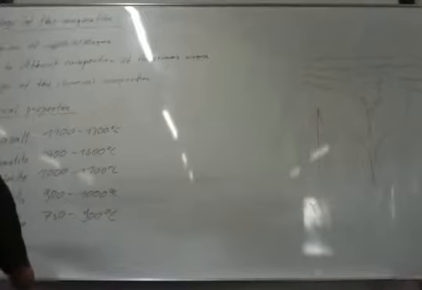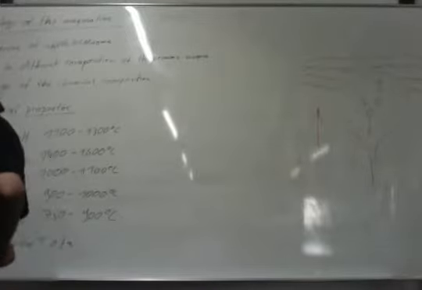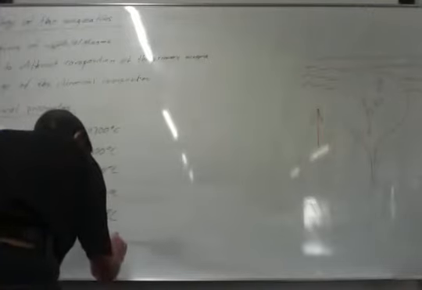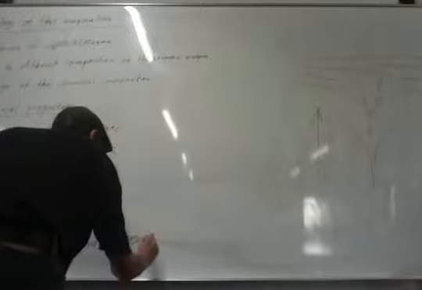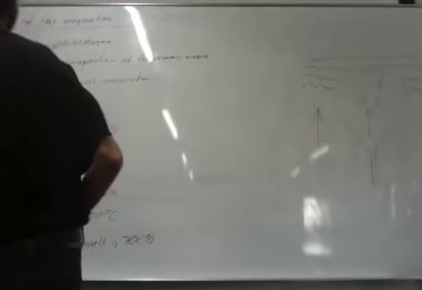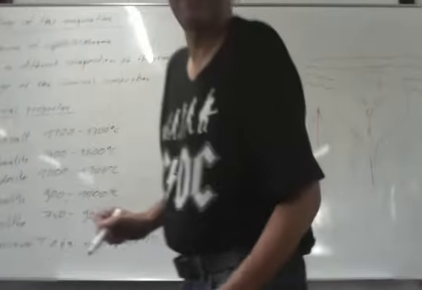But the minimum temperature to produce a melt is 700 degrees Celsius.